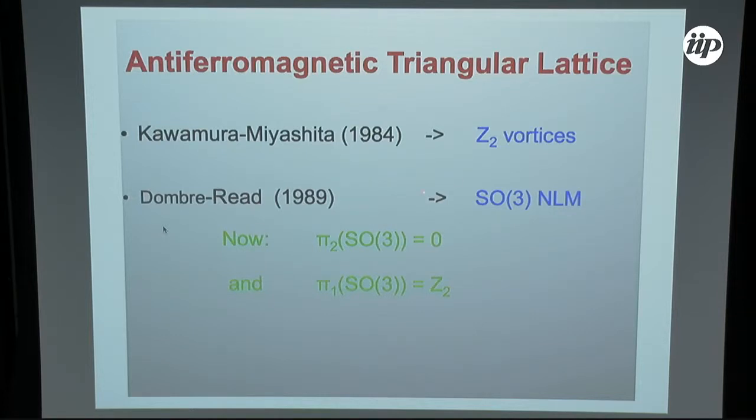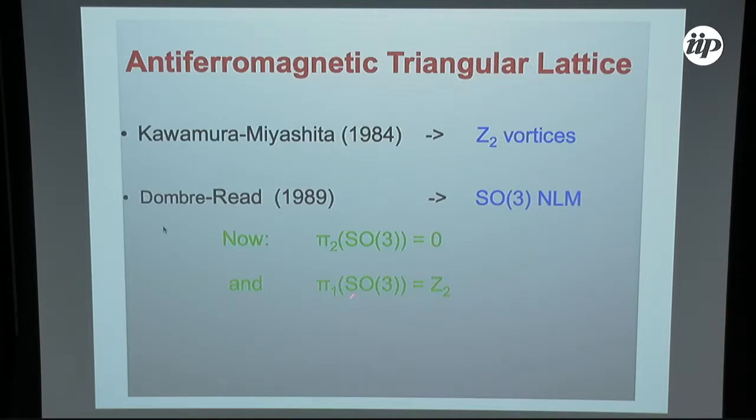Essentially they discussed what is new in this description of the triangular antiferromagnetic case. Remember that in the previous case, the ferromagnetic, say square lattice, we had S2, and I was talking about pi 2 of S2, which was Z. Here pi 2 of SO(3) is trivial, so there are no topological objects associated with this group.